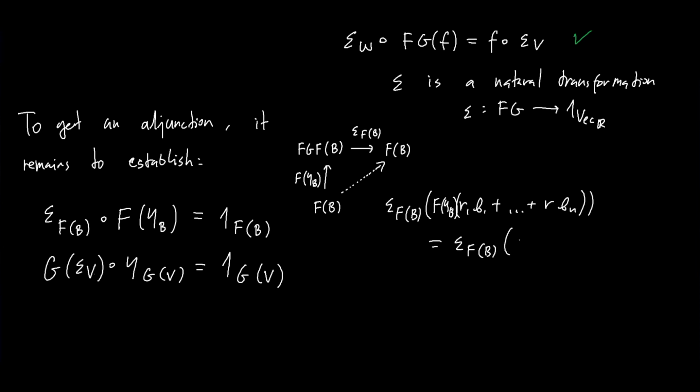So we will get R1 B1 plus all the way plus Rn Bn. But now, once we apply eta B to each B, this is an element of G f of B, right? But f of B is already a vector space.